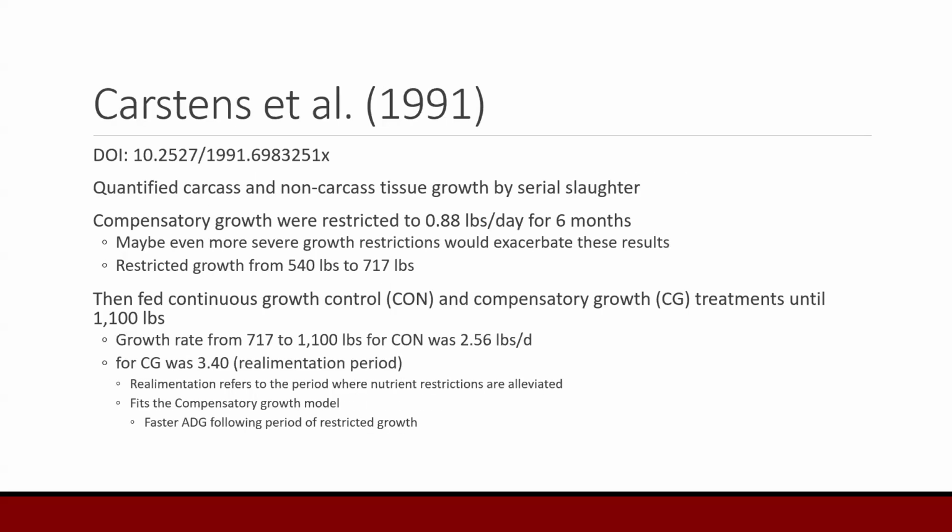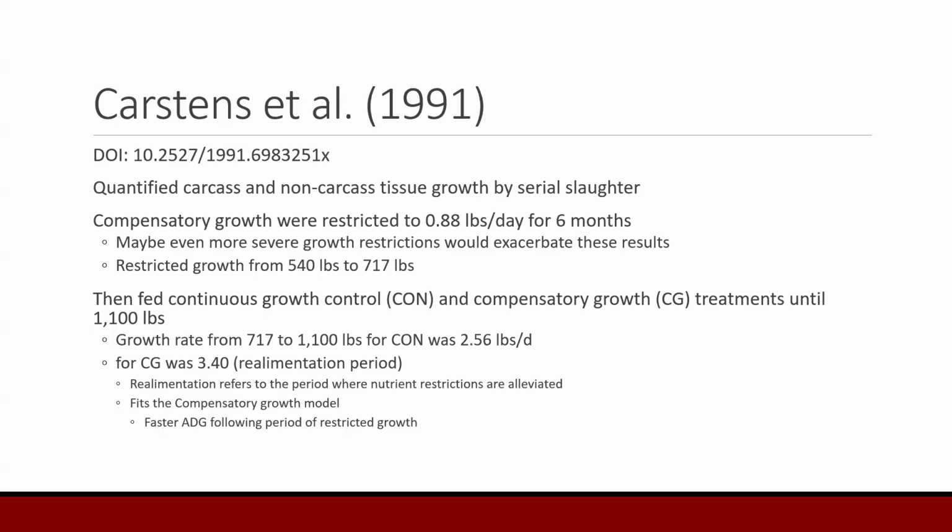As promised, Dr. Karstens, 1991. He quantified carcass and non-carcass tissue growth by serial slaughter. So he took a group of animals, slaughtered them at the beginning of the study, measured body composition, and then took them through different feeding strategies.